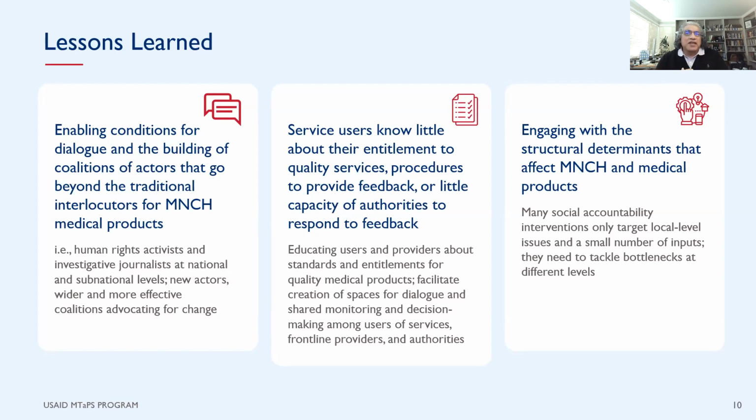What we found from the literature is that in many cases, because marginalized populations also have a history of social exclusion, they are not readily aware of their rights, their entitlements to quality healthcare services, their entitlements to specific services that they must receive.